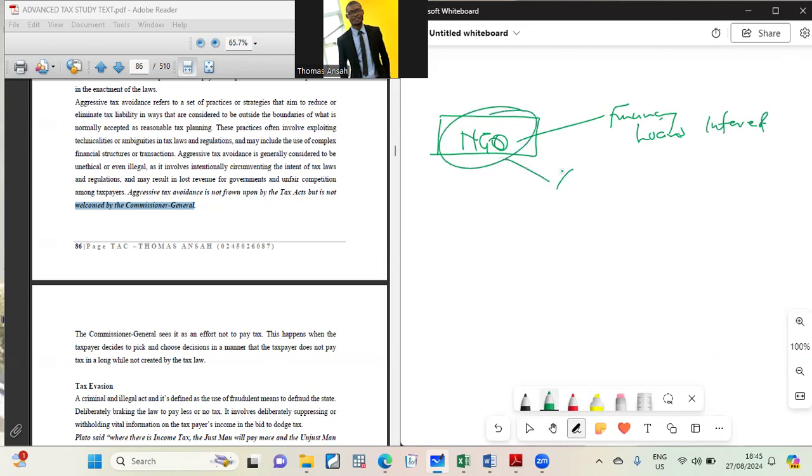So it's too aggressive. And like I said, it is not frowned upon by the Tax Act, but the Commissioner General does not welcome it at all.